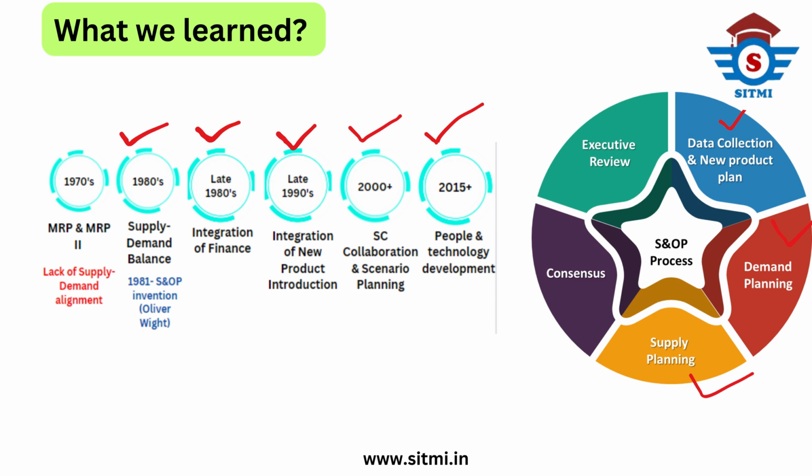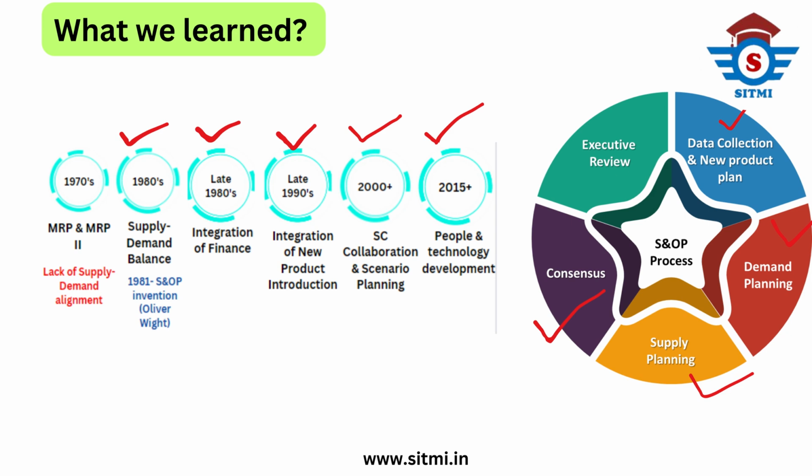Then third is the supply planning process. This process is done to understand the required capacity in the form of resources and machinery to meet the demand plan. Now once demand and supply planning is done, there are certain gaps which need to be fulfilled, and that's why the fourth step comes into the picture, which is consensus review or financial integration or pre-S&OP process.